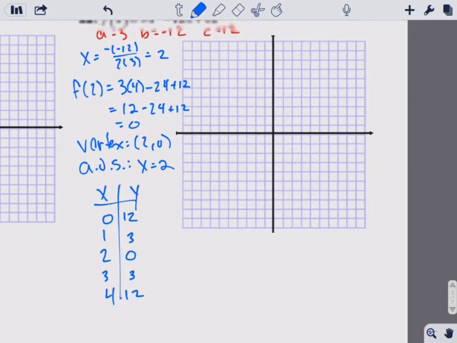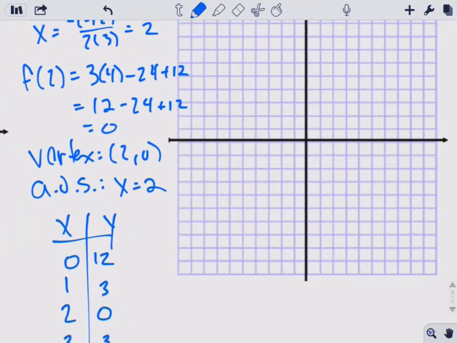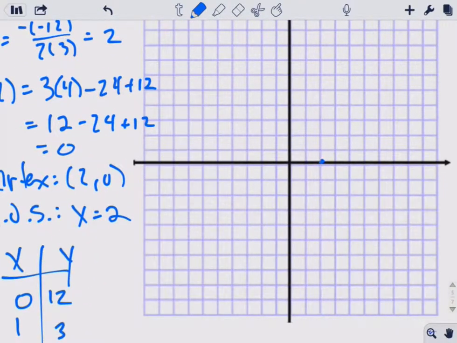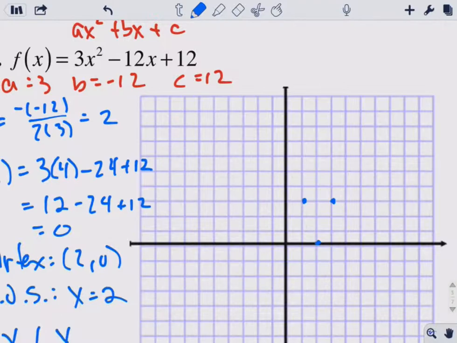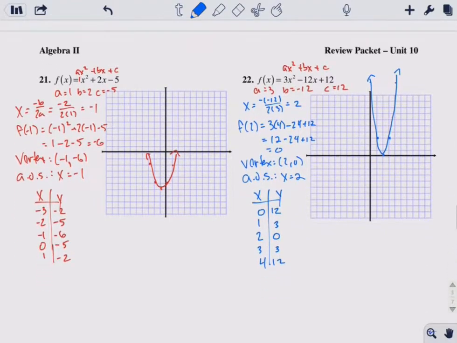Okay, so I graph these. 2, 0, there, here, 12 is somewhere up there. Just do your best with that. You get the points on the grid where they're supposed to be, you'll be fine.